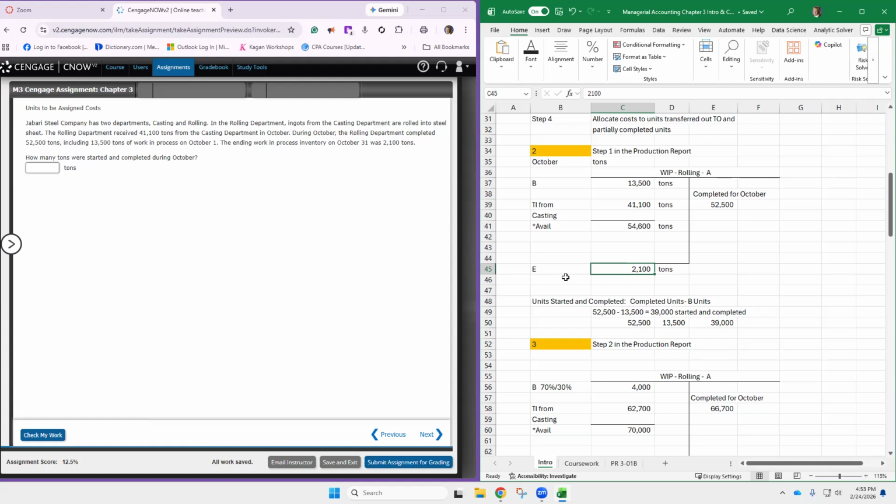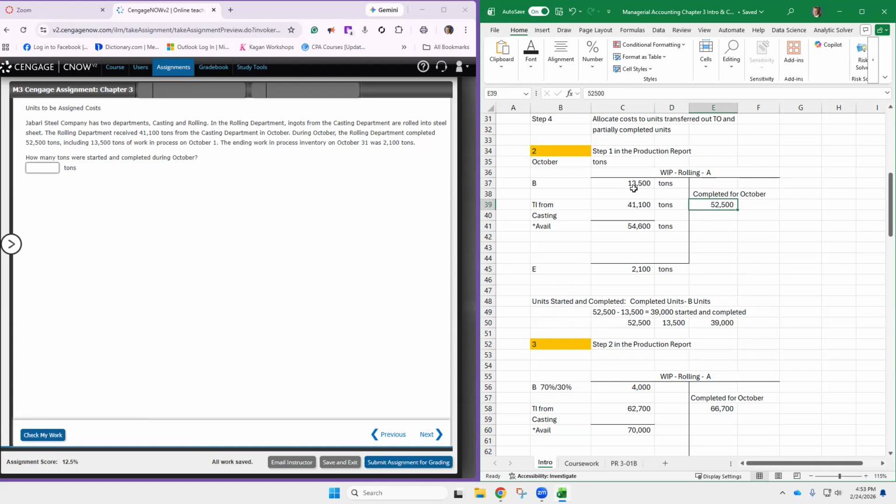Here's how you calculate started and completed. Started and completed equals completed units, which is here, minus the beginning balance. These 2 numbers here.